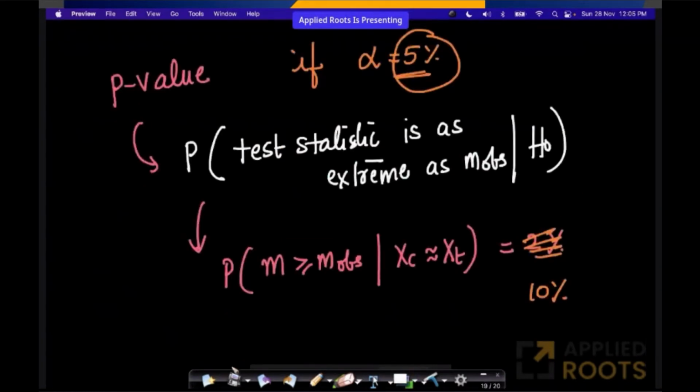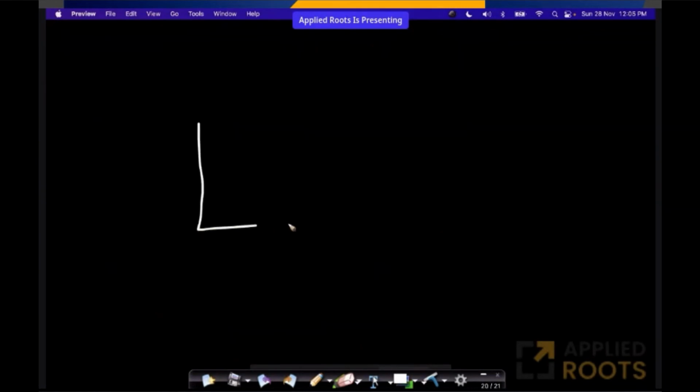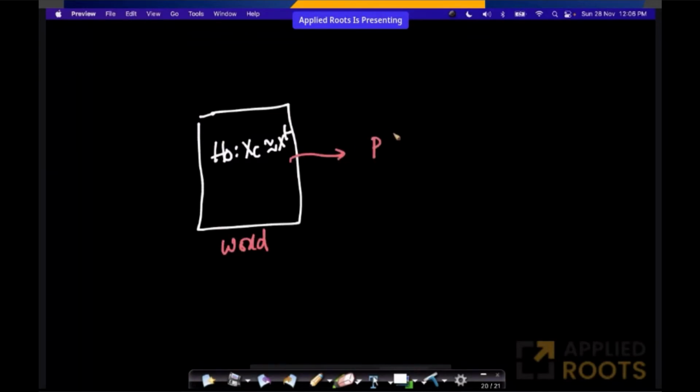Now remember, this is what we discussed. Let's think about it from a slightly different angle. If you have this world where we have a null hypothesis, where XC is the same as XT, this is our worldview. In this worldview, the probability of observing a median difference greater than M observed, which is 20, is very small. It's 2%.